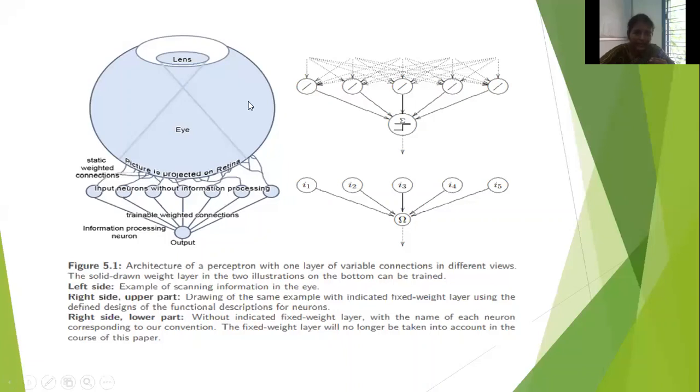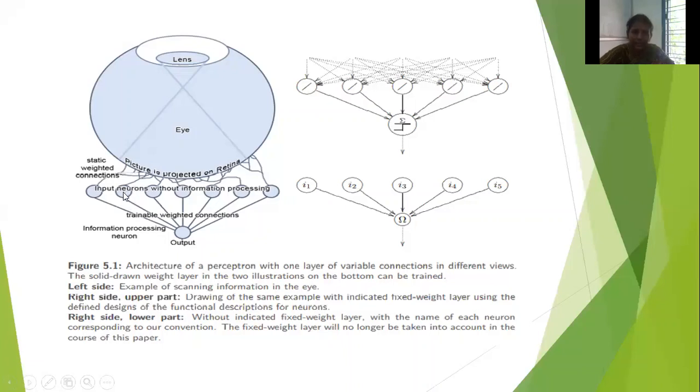See here, the lens is correcting the picture. This big blue circle is indicating the lens. Then the picture is projected on the retina.